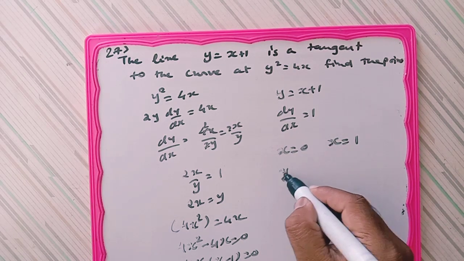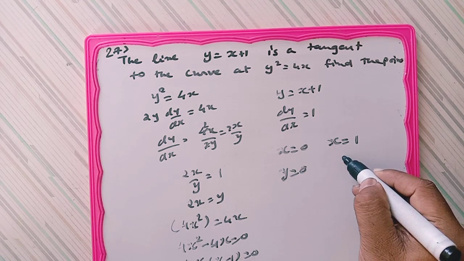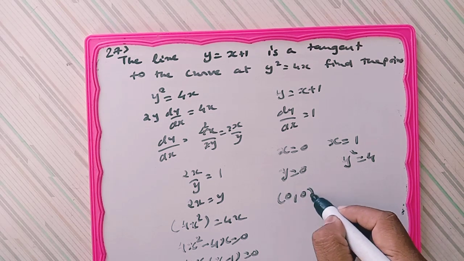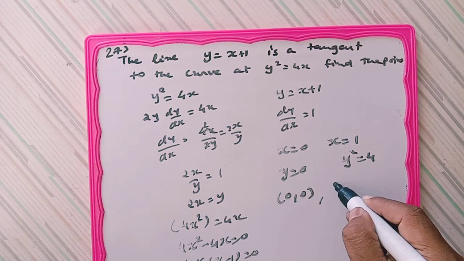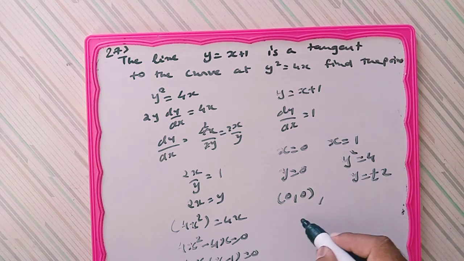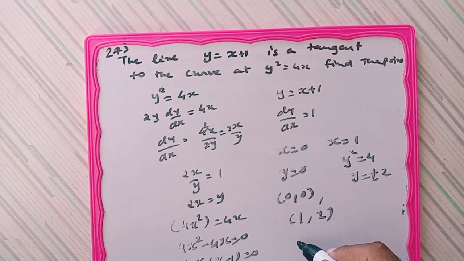So for x = 0, y equals 0, and for x equals 1, then y² equals 4, so y equals plus or minus 2. We can write the points (0, 0), (1, 2) and (1, −2), three points where the lines are tangent to the given curve.